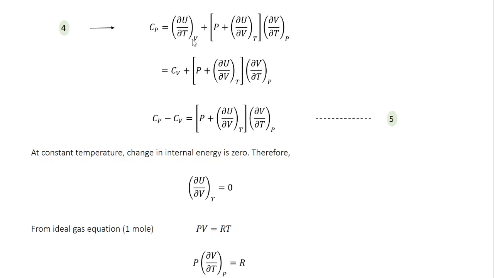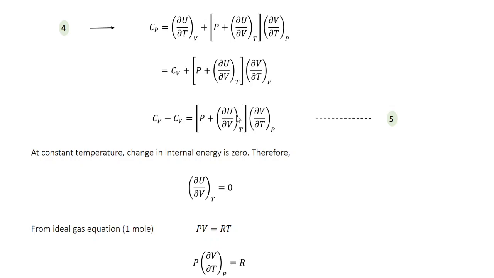From the previous equation we know that ∂U/∂T at constant volume is nothing but Cv. So write Cv here. Now take Cv to the left hand side. Now I have Cp minus Cv equal to P plus ∂U/∂V at constant temperature, into ∂V/∂T at constant pressure. Now we need to simplify this right hand side term.